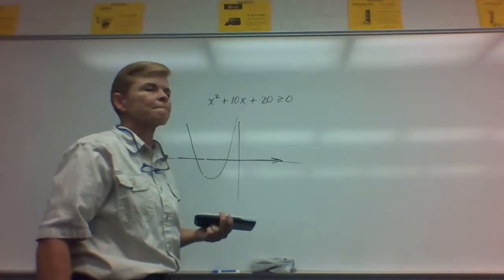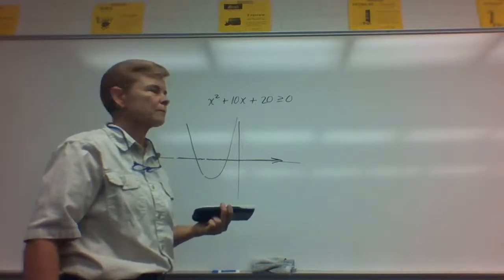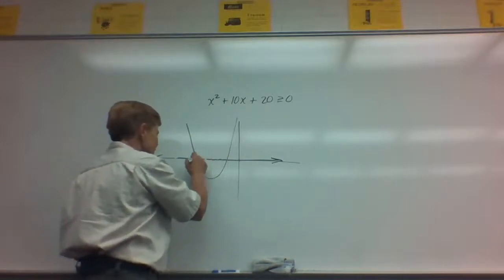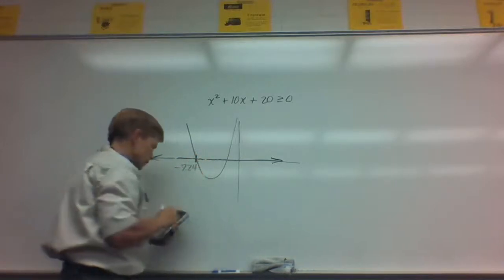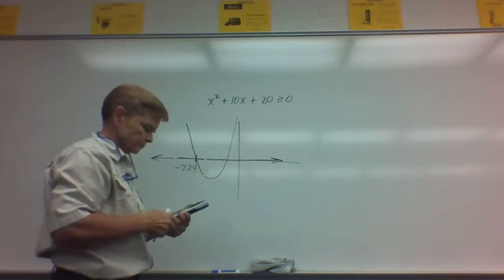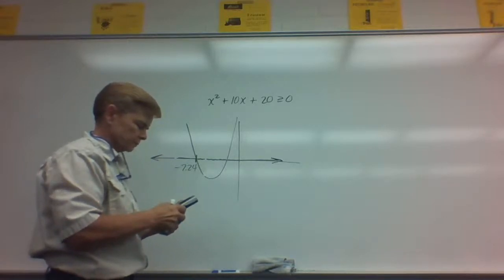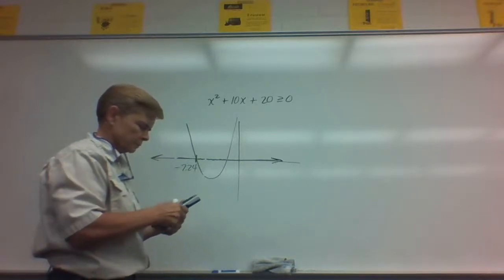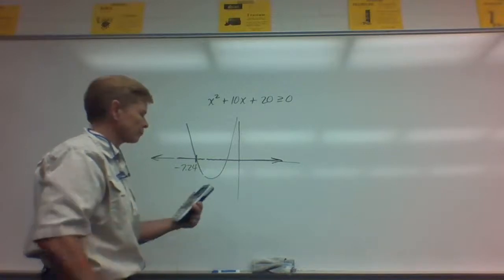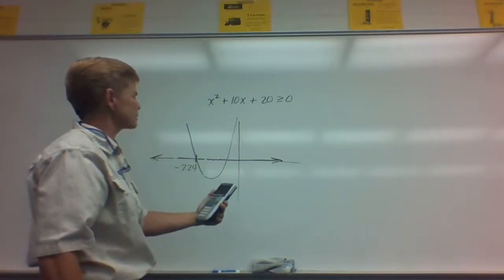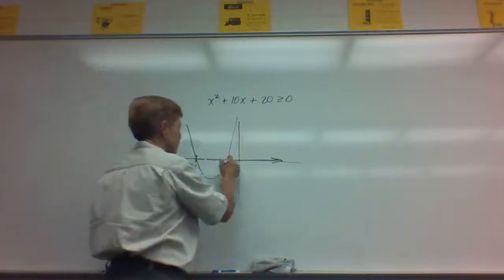Is that what you're getting if you round it to the 100th? So this guy right here is negative 7.24. Go find the other one. And I get negative 2.76. Do you agree?